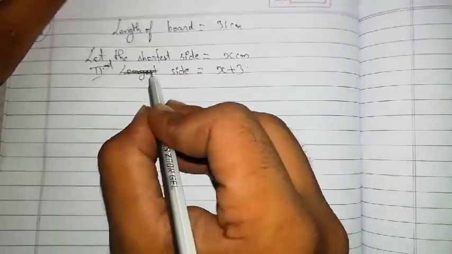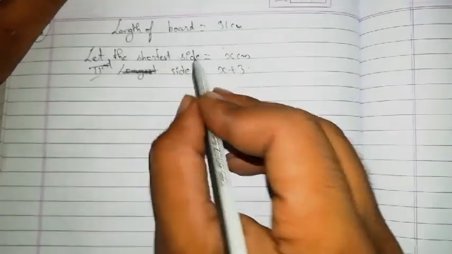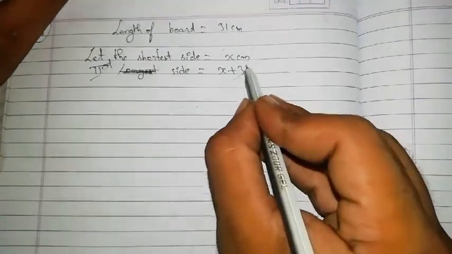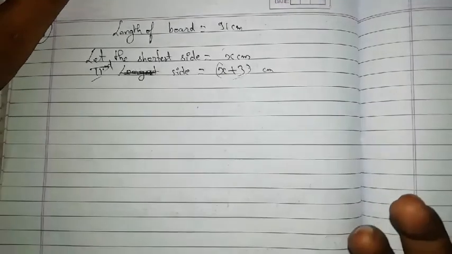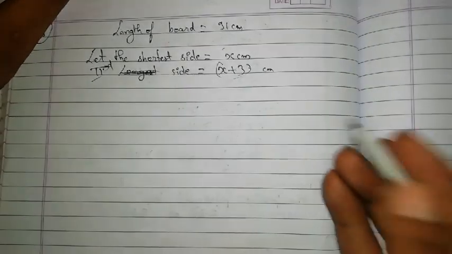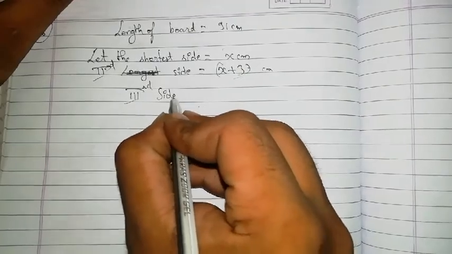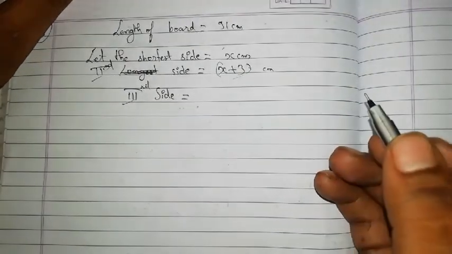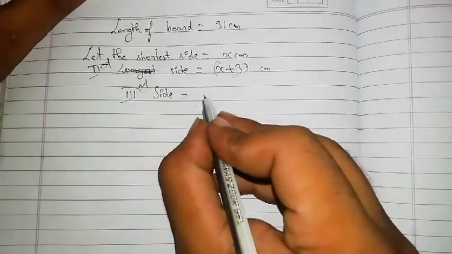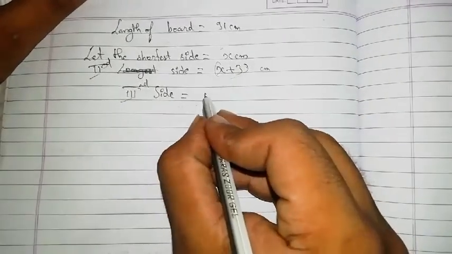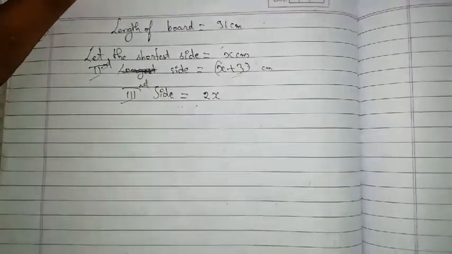Okay, the second side is 3 centimeter longer than the shortest side, so it will be x plus 3 centimeter. Now the third side is equal to twice the shortest side, so it will be twice. Shortest side is x, so it will be 2x.